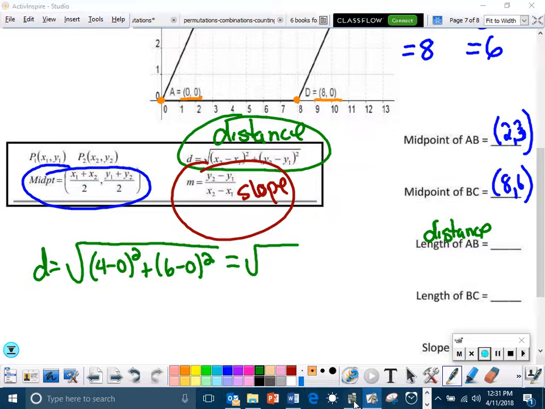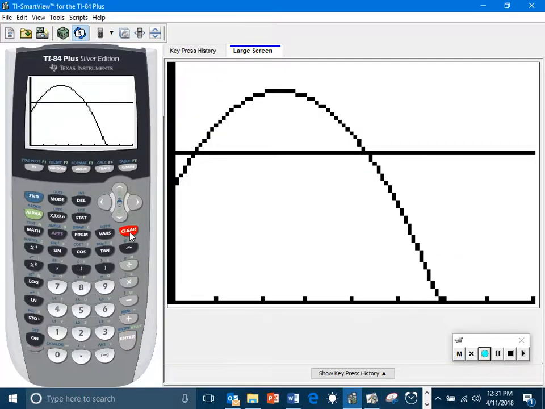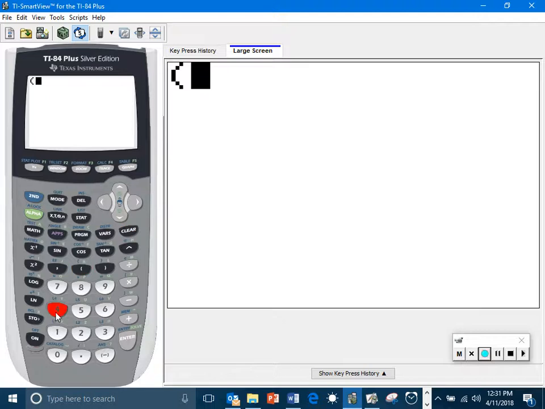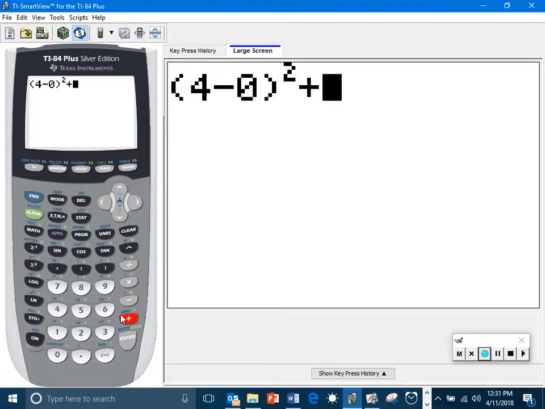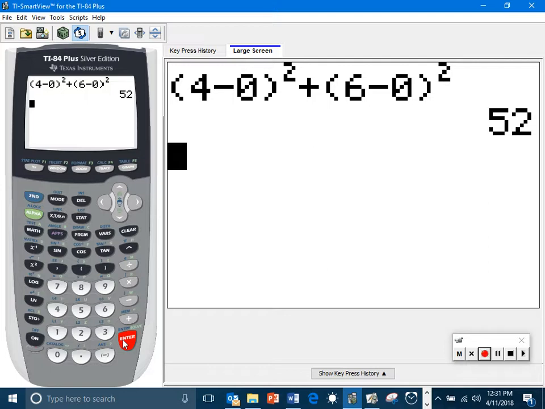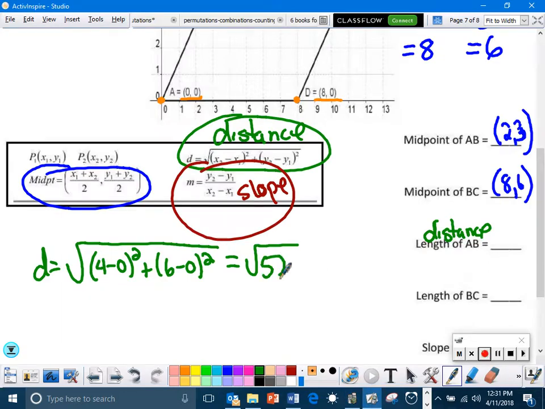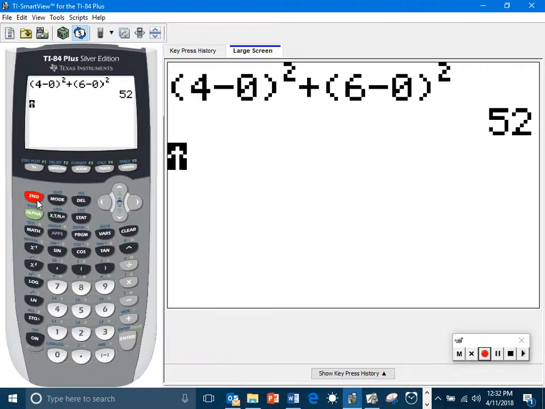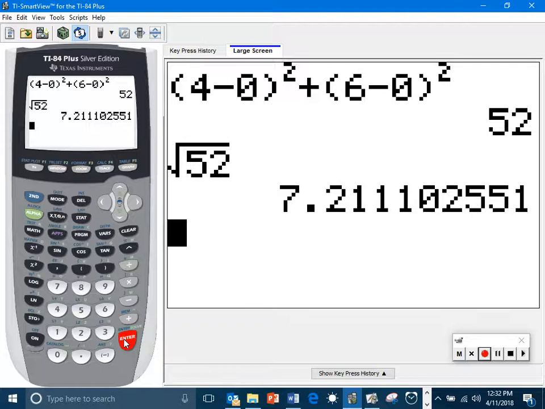Okay, calculator. You get 52. Take the square root of that. 7.2.